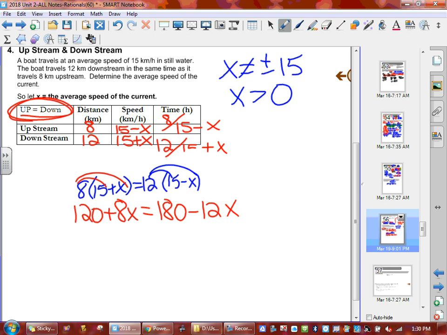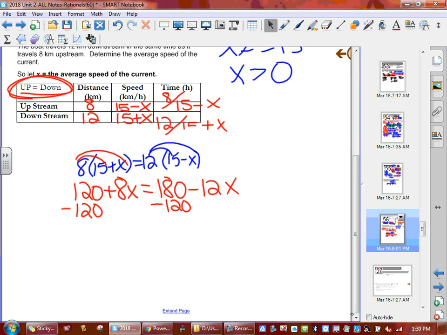So typically we want to take x to the left and the digits to the right. So I'm going to minus 120, minus 120, and then I'm going to add 12x, add 12x. You always add it underneath the one that it's going to add like terms to.